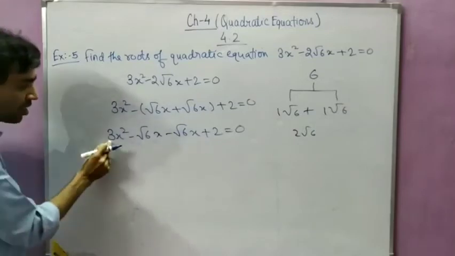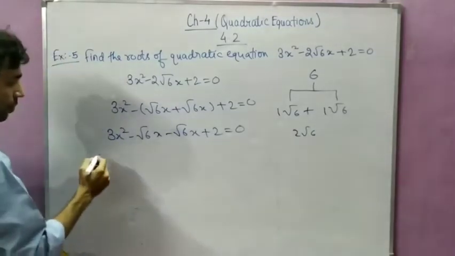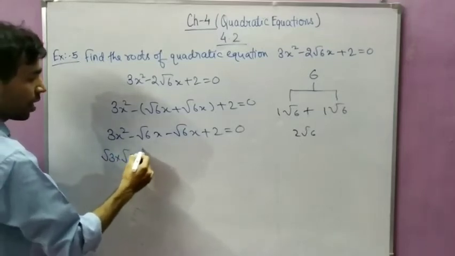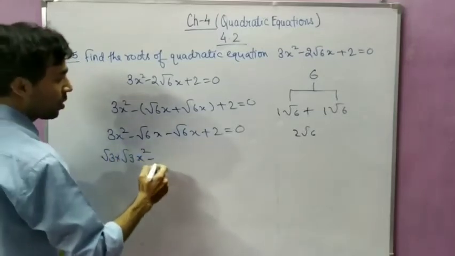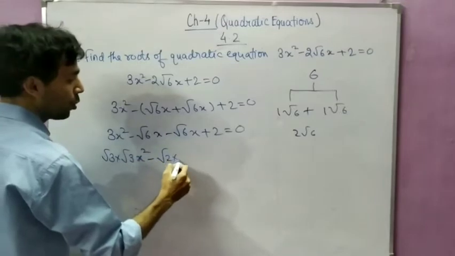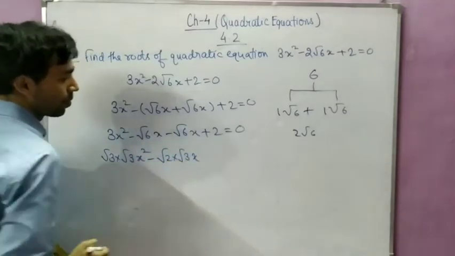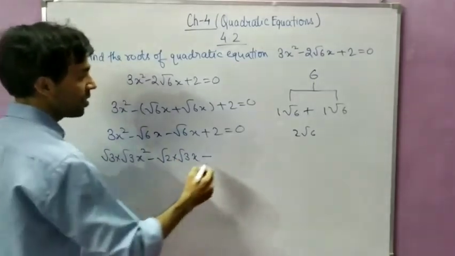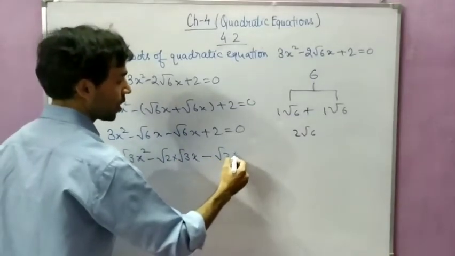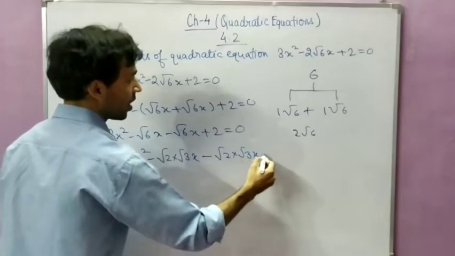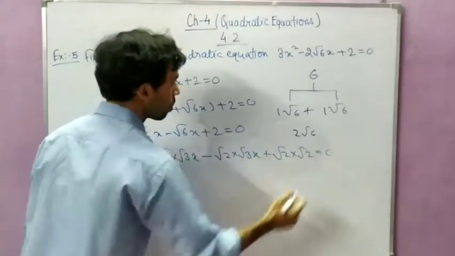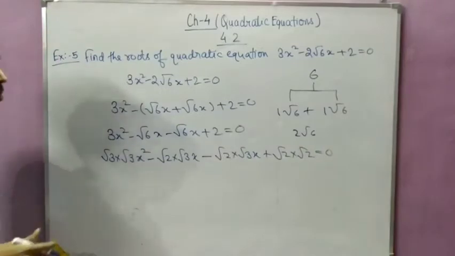So see, this 3 can be written as under root 3 into under root 3 x square. This root 6 can be written as under root 2 into under root 3x. This is also written as under root 2 into under root 3x, and this 2 can be written as under root 2 into under root 2 equal to 0, so that we can make it common.